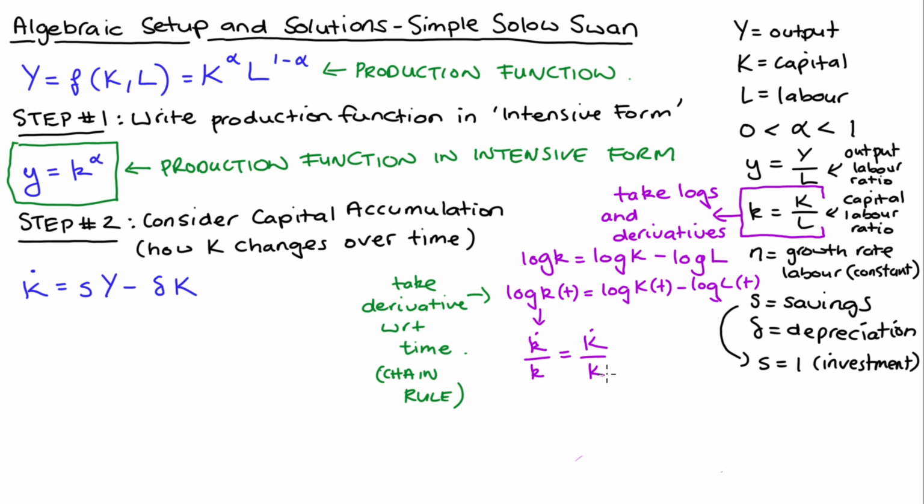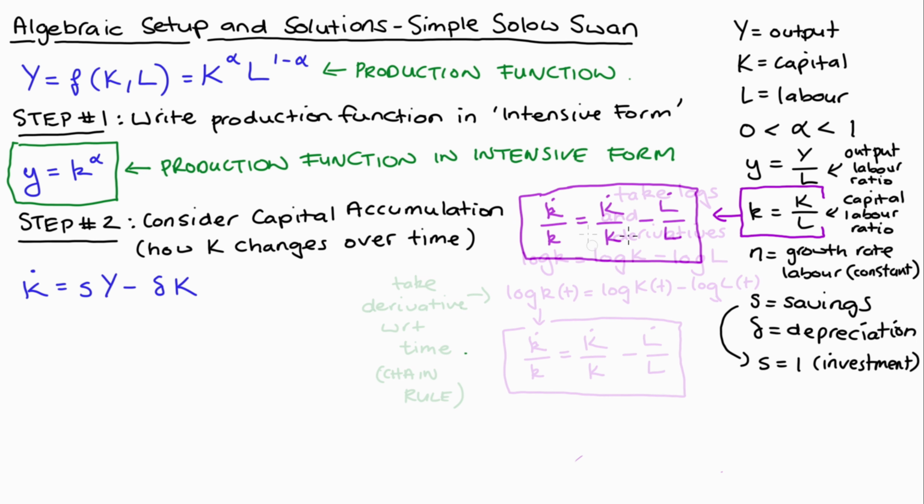So if we were to take the derivative of the log of big K and the log of big L, we're going to get the growth rates of big K, so big K dot over big K, and the growth rate of big L, so big L dot over big L back. And what we're going to do is take that equation and substitute in our capital accumulation equation that we spoke about before.